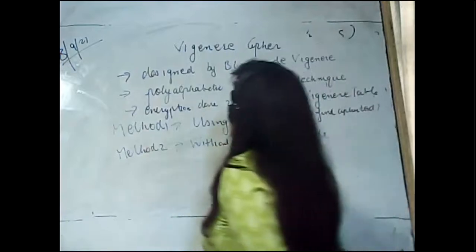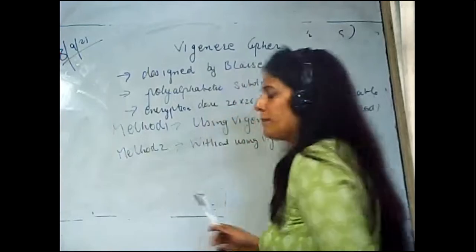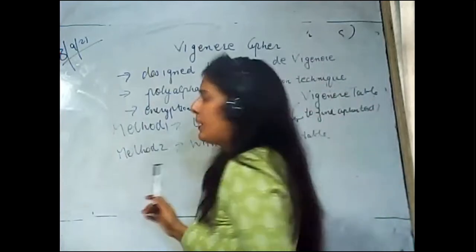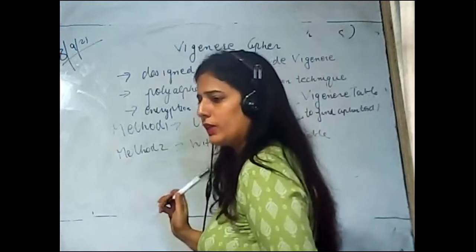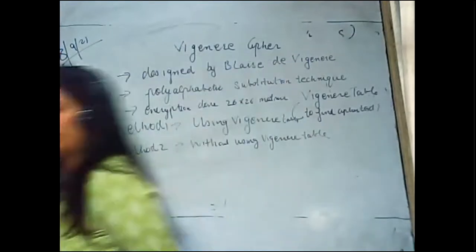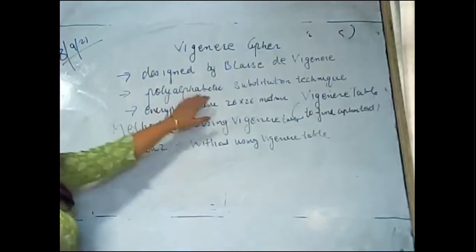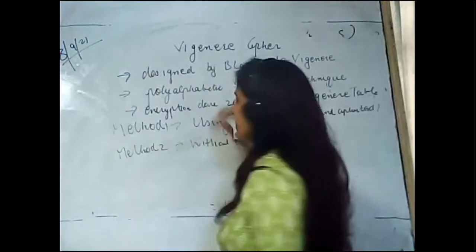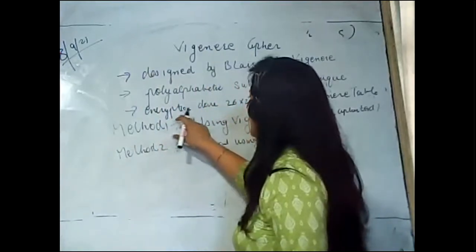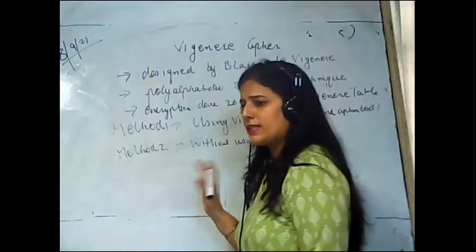Again, a brief view of this algorithm. The Vigenere cipher was designed by Blaise de Vigenere, who developed it, and the algorithm is named after him. Secondly, it is a polyalphabetic substitution technique, and you can do the encryption based on a 26 by 26 matrix.